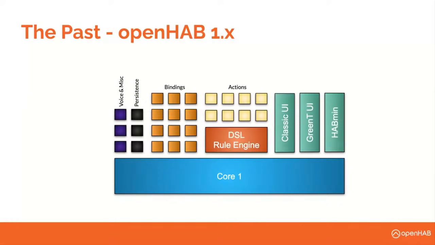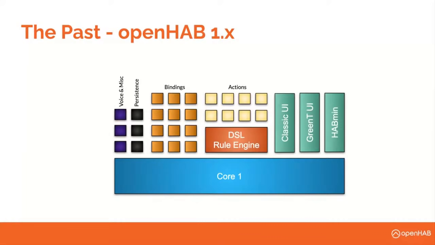So we implemented our own lightweight rule engine implementation, designing a rule language that was very close to what JBoss rules offered, but which nicely integrated directly into the openHAB concepts.